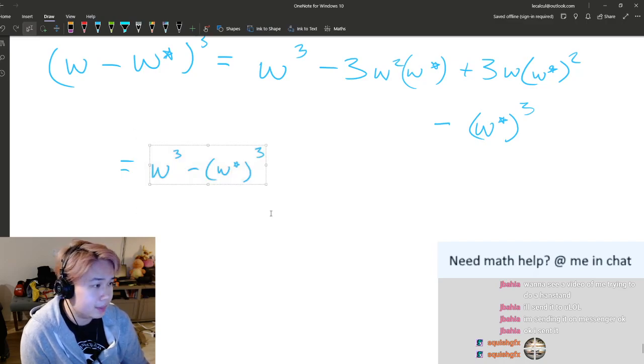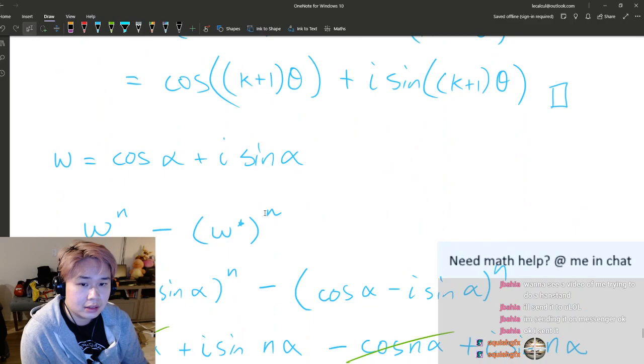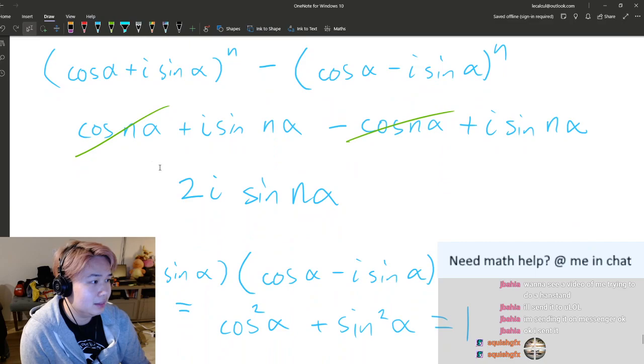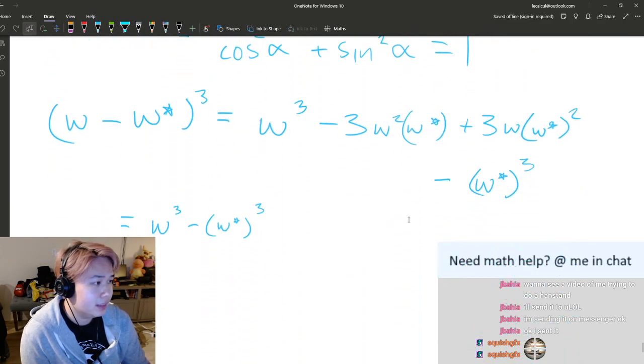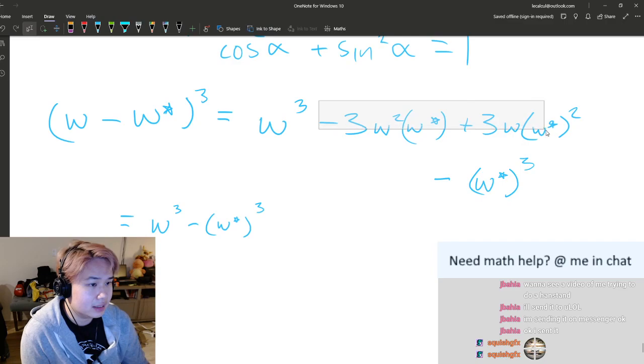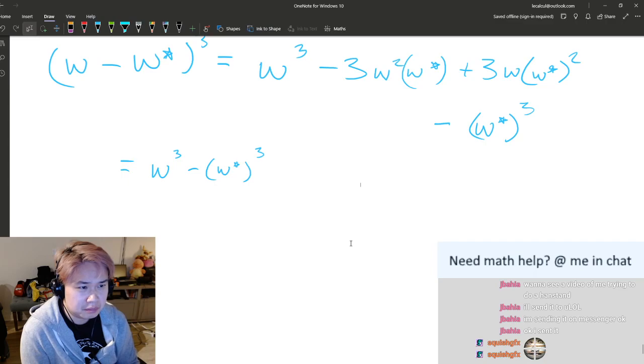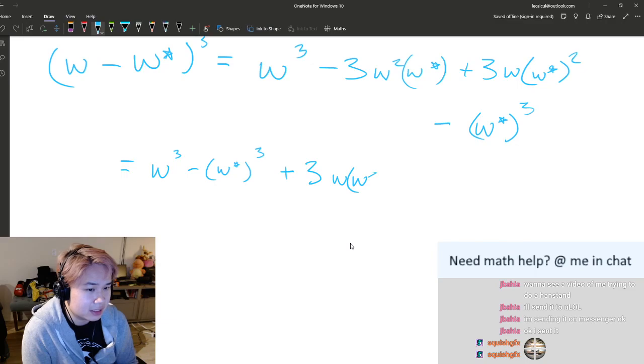This part, the cubes, is exactly this question right here, where I need to show that this becomes this. Whereas this part right here, let's see, I can factor out a 3w times w conjugate from here.